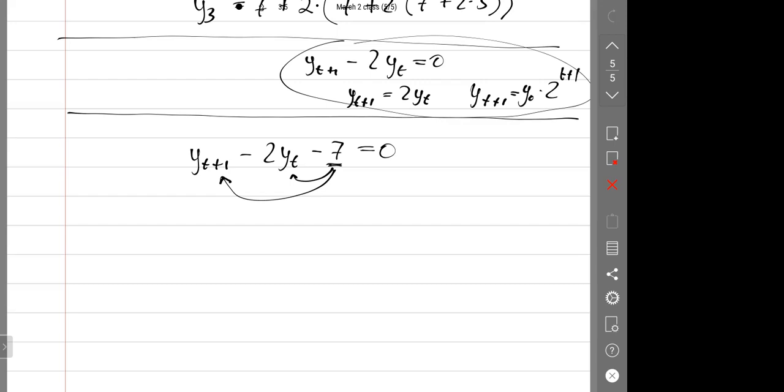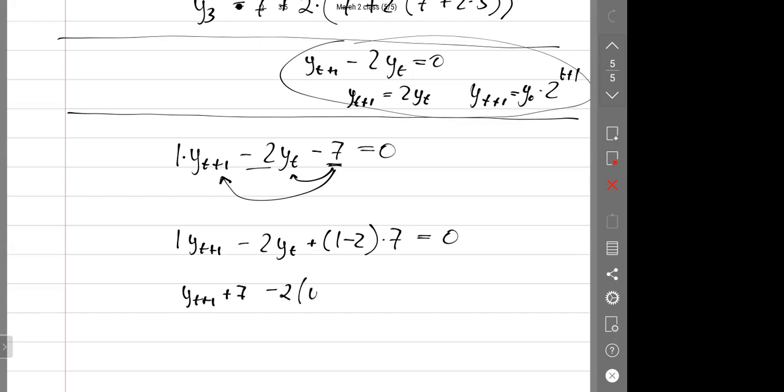If I add something to y_{t+1} and something to y_t, the coefficients are 1 and minus 2, so it's 1 times (y_{t+1} + 7) minus 2 times (y_t + 7), and that is 0.